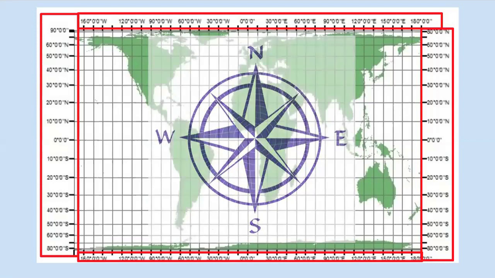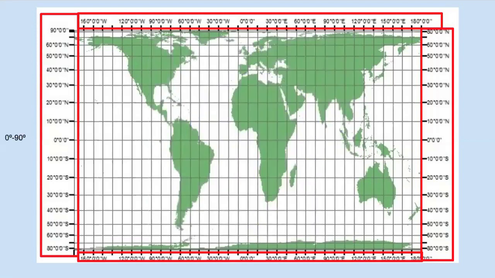And we organize the degrees from 0 degrees to 90 degrees from north, and from 0 to 90 to the south. We also locate from 0 degrees to 180 degrees to the west and to the east. These will be the ones in charge of helping us to locate specific places on the map.